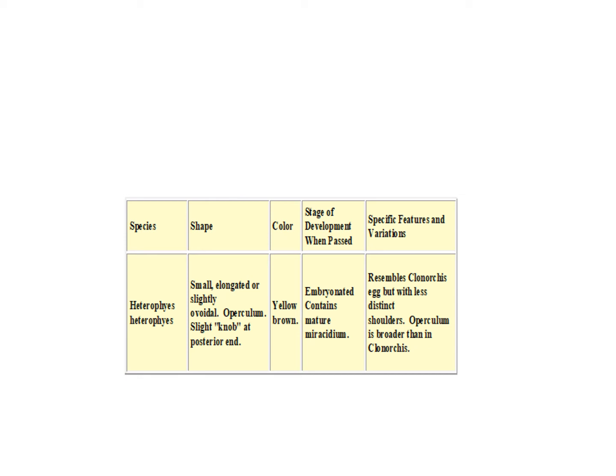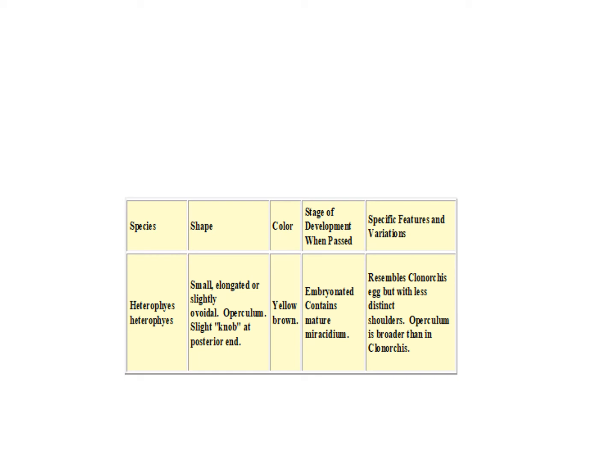Regarding the stage of development when passed from the definitive host, the human, it is embryonated. The eggs contain a mature miracidium. As for specific features, it resembles Clonorchis eggs but with less distinct shoulders.